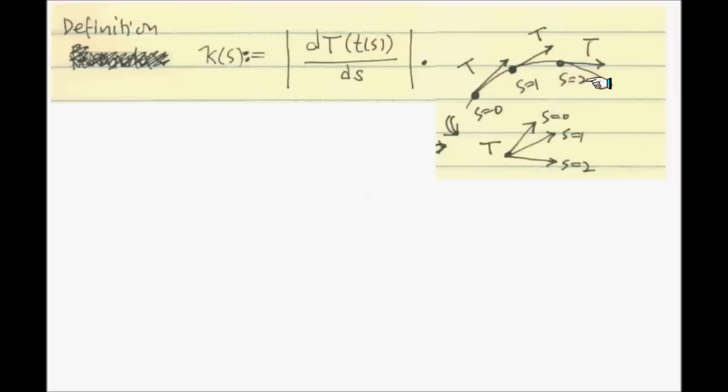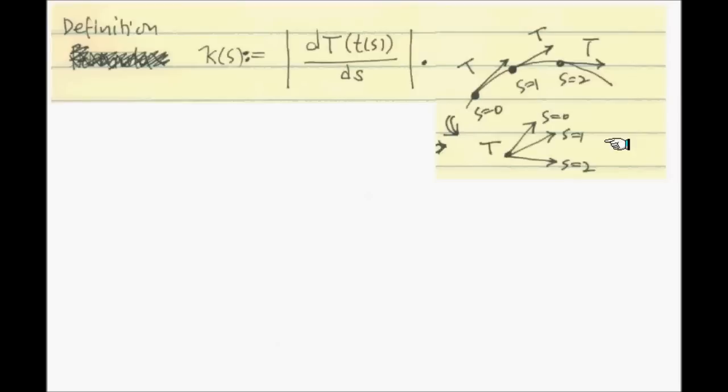And over here at s equals 2, if you compare it with s equals 0, it turned a lot. To compare all this in derivative form, we parallel transport these three vectors so that all the points of application are the same, and this tangent vector is just unit length, so it's being turned around as s increases.